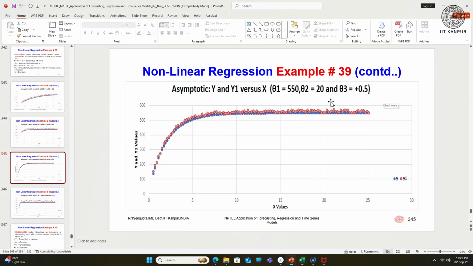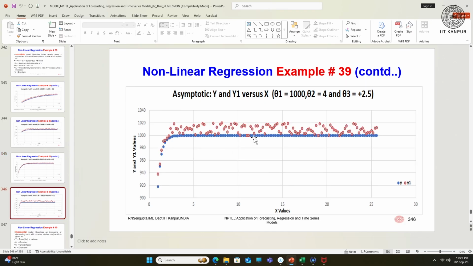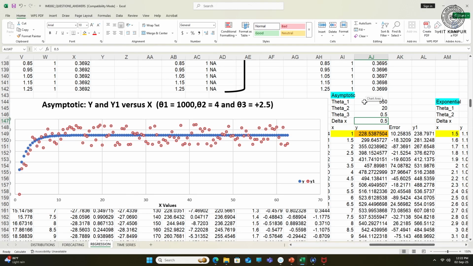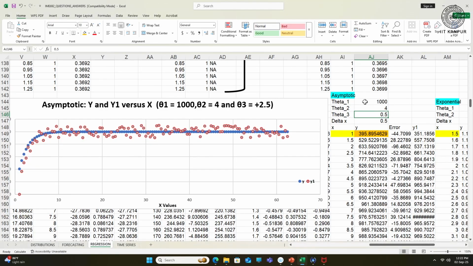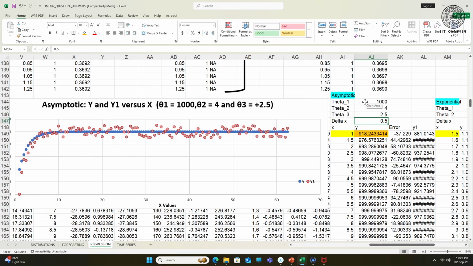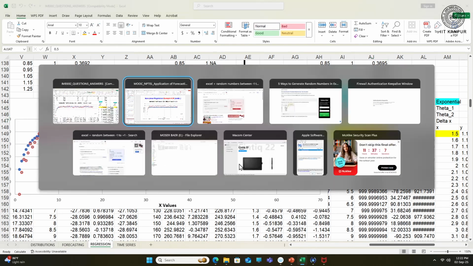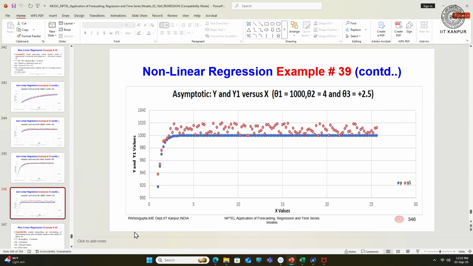So, you check this graph, this exactly matches what is being shown here. So, I am double checking the PPT one with the Excel sheet. The last one is 1000 for theta 1, let us change this to 1000. Theta 2 would be 4 and theta 3 is 2.5. So, if I check, this is the graph and it exactly mimics what you see here.